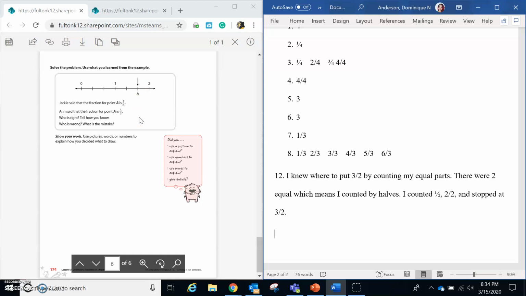Anne is right. So let's start off with that first part, and then we can go to why Jackie's wrong. So Anne is right because, how do we know she's right? Well, we know that there are 3 equal parts. So because the number line is partitioned into 3 equal parts.